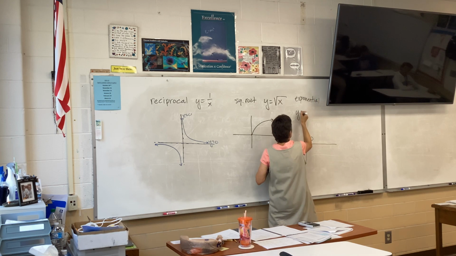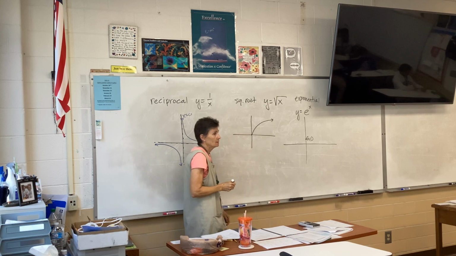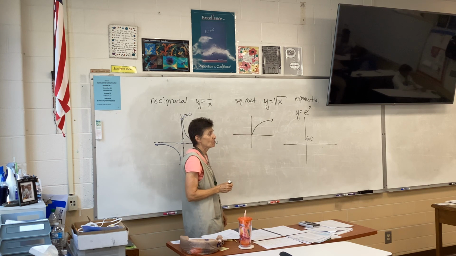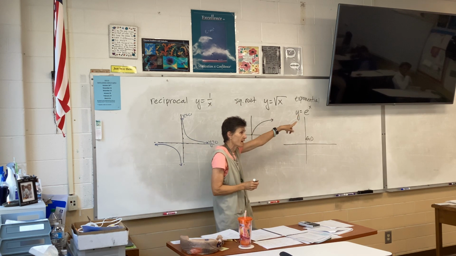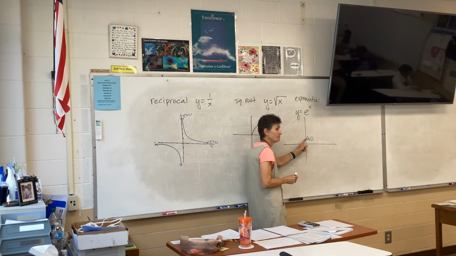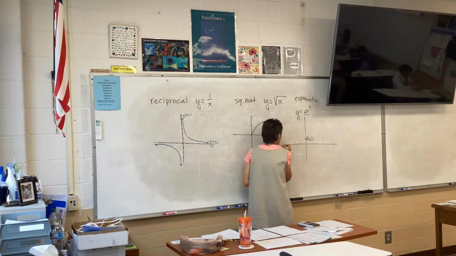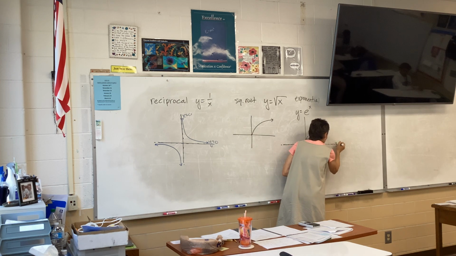And its equation is y equals e to the x. Can everybody see that? It's behind the TV. You guys see it? Y equals e to the x. All right, so you've got a point at 0, 1. And then I want you to draw an asymptote here at y equals 0.